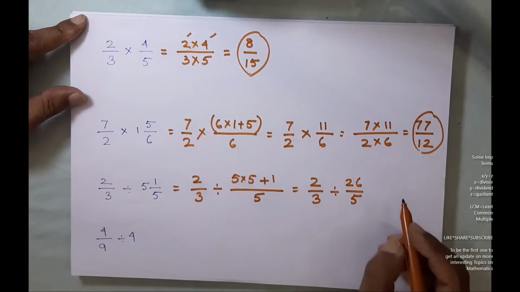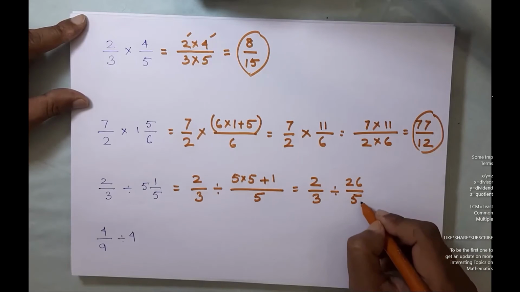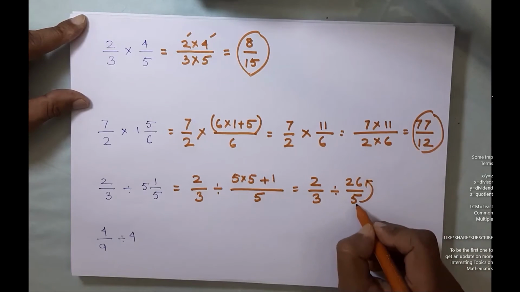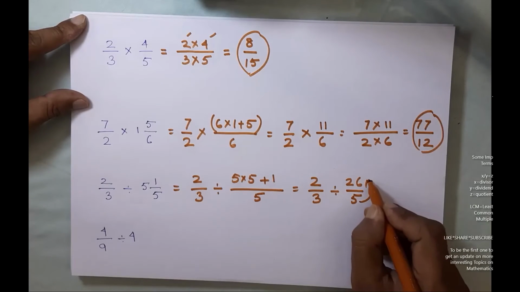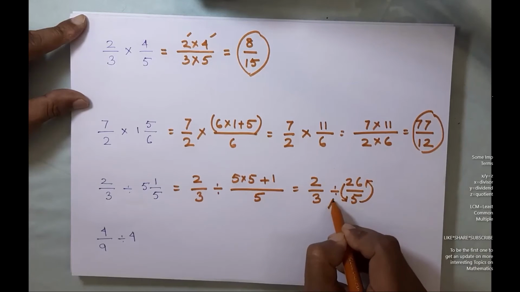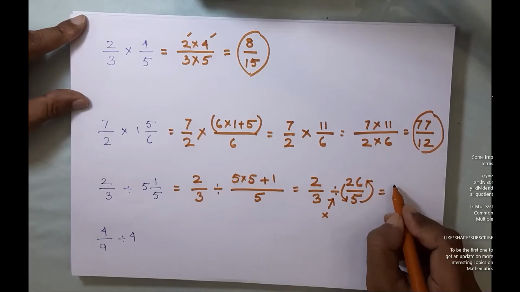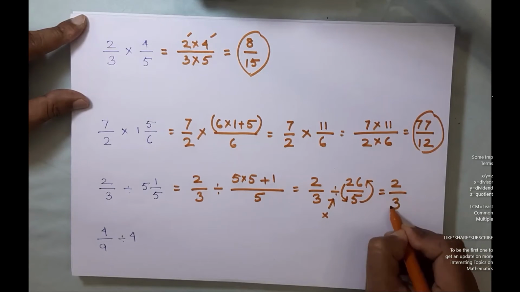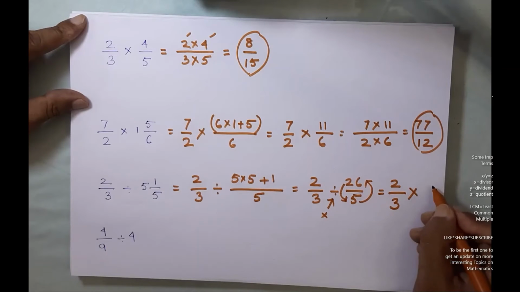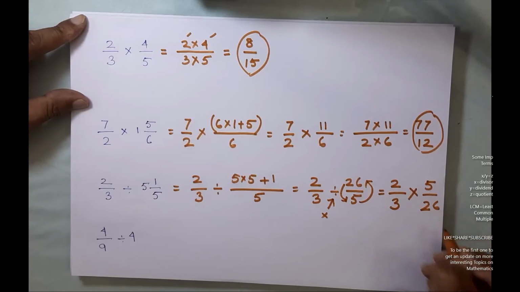Now, whenever we get a division of fractions, the thumb rule is you convert the denominator into the numerator place and the numerator into the denominator place, and change this sign to multiplication. So it will be something like 2 by 3, which is our normal fraction, multiplied by the reverse, 5 by 26.